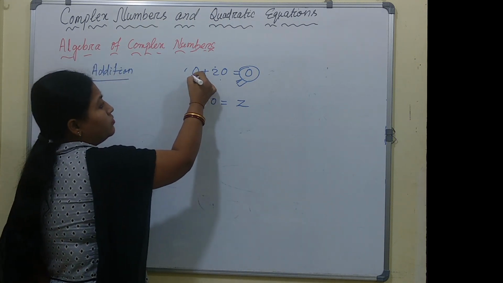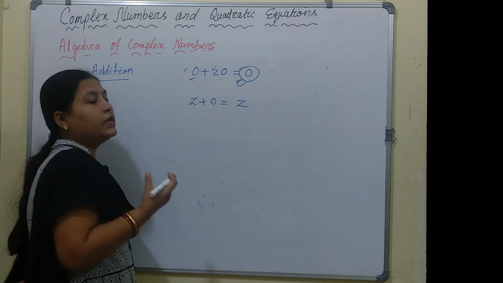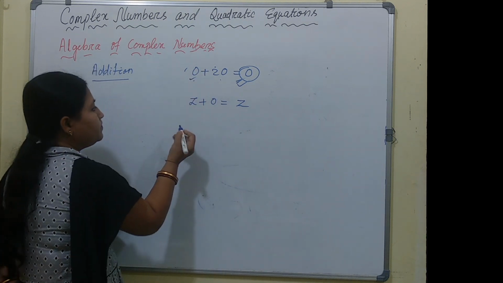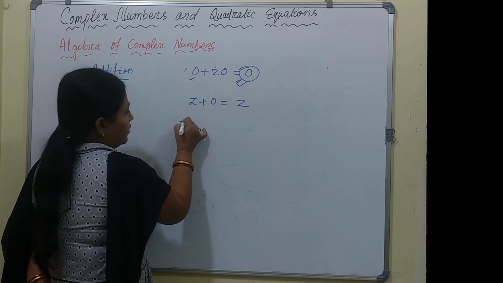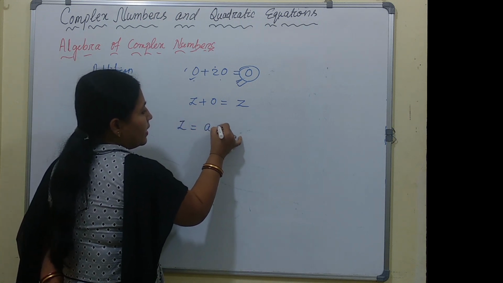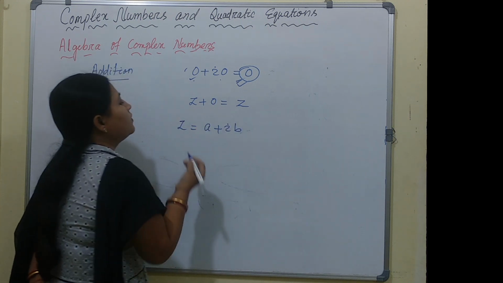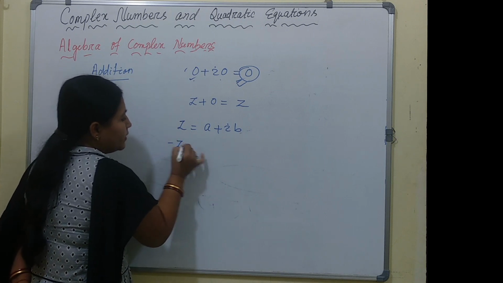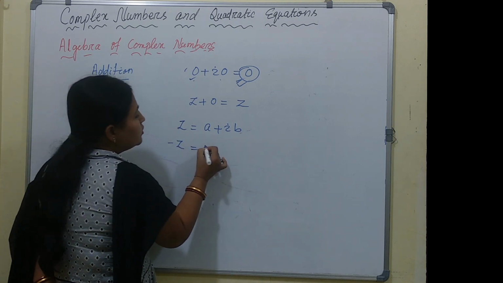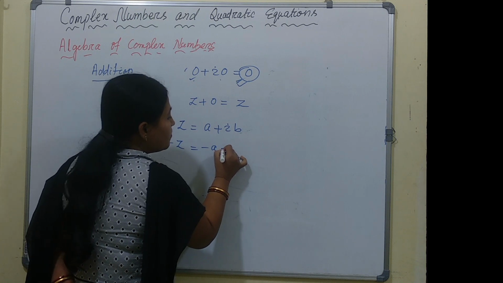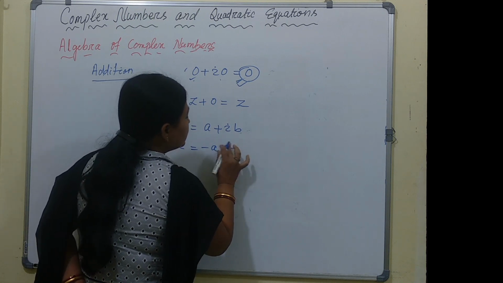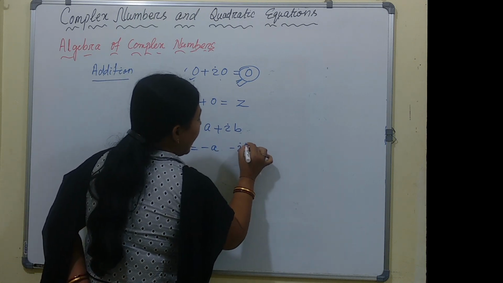Next, coming to the additive inverse of a complex number. When z is equal to a plus ib, we take minus z is equal to minus a minus ib.